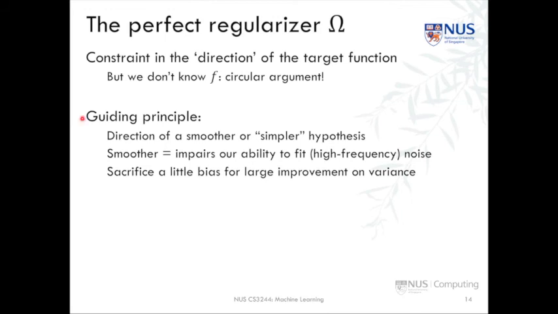But the guiding principle behind regularization is the idea of Occam's razor, or to favor simpler hypotheses where possible. The idea is that a smoother hypothesis helps in both ways.